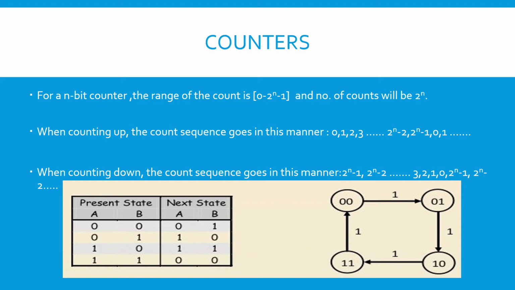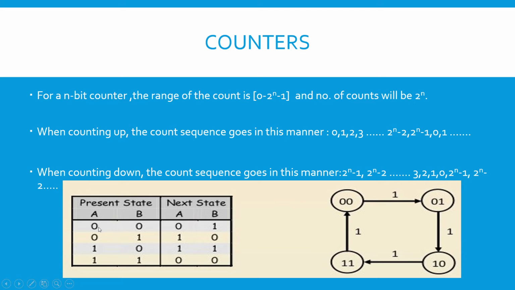When counting up, the sequence goes 0, 1, 2, 3, and so on. When counting down, the counter sequence goes 2^n minus 1, 2^n minus 2, and so on, repeating itself again and again. The state diagram also says the same.